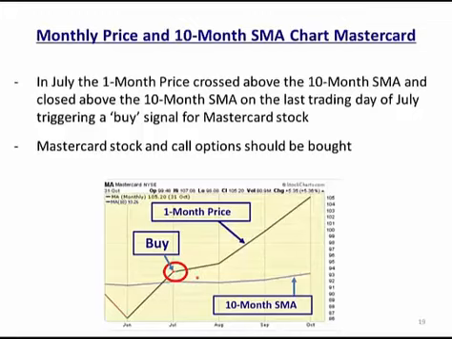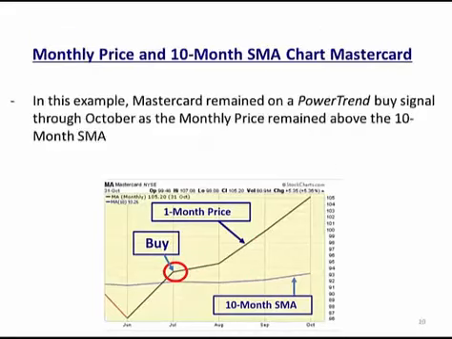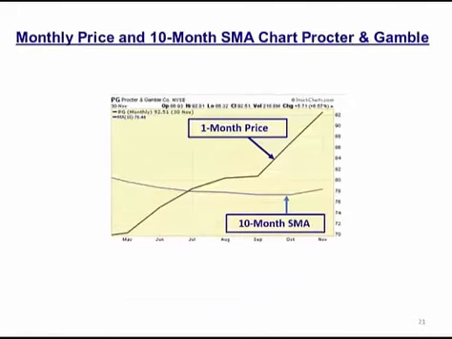And as long as this 1-month price remains above the 10-month simple moving average, we can take bullish trades for MasterCard. And as I mentioned, MasterCard remained on a buy signal up and through the last trading day in October, which is where this particular chart ends.